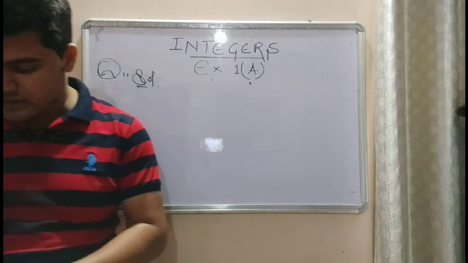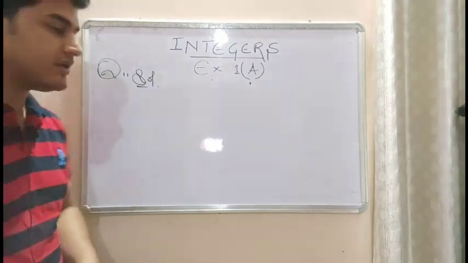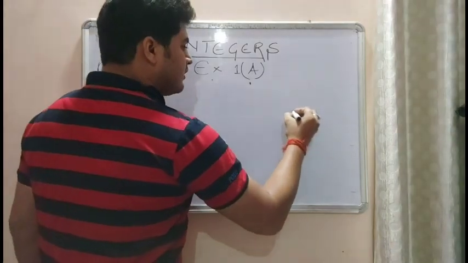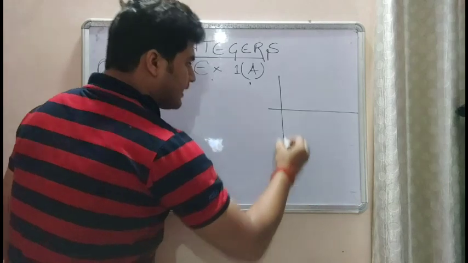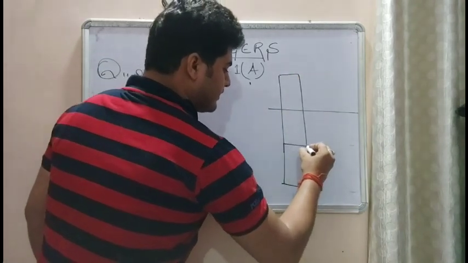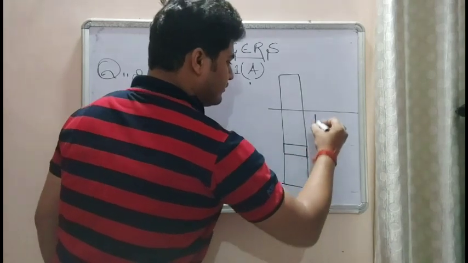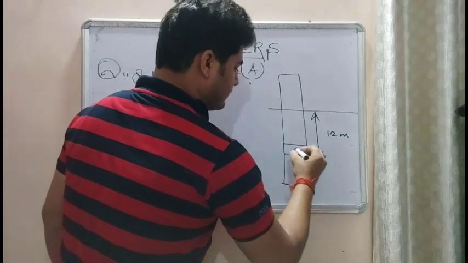Question number 11 says that an elevator is 12 meters below the ground. So let this position be the ground. This is the path of the elevator. And the elevator is at a position of 12 meters below the ground, right?